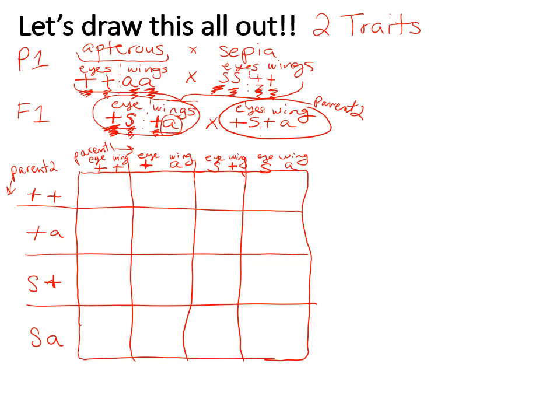Now again, normally you would put plus in front of the recessive, but in this case, we're going to keep them organized as eyes and wings, so that you remember, gametes are 1 allele for each trait.